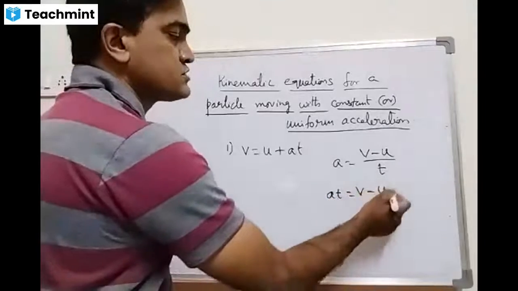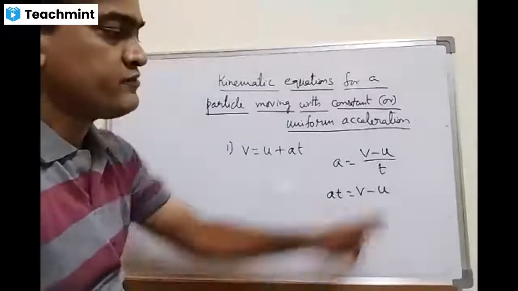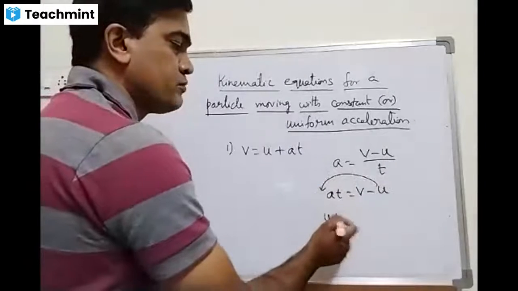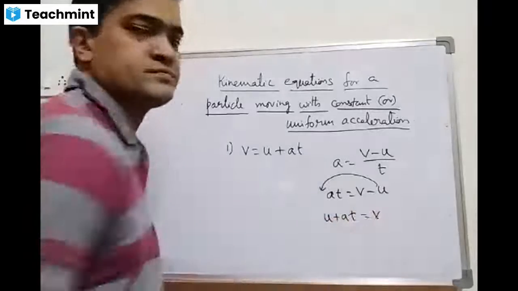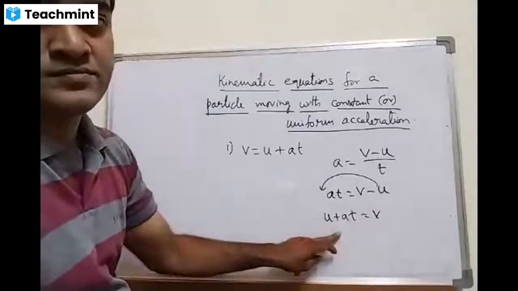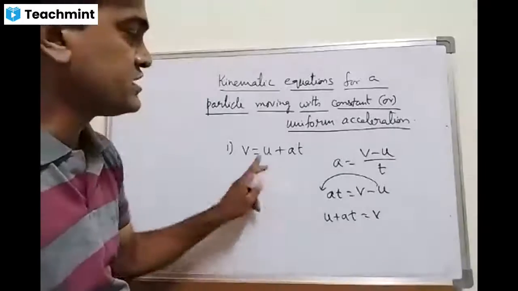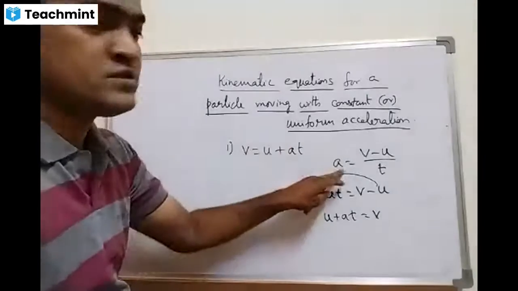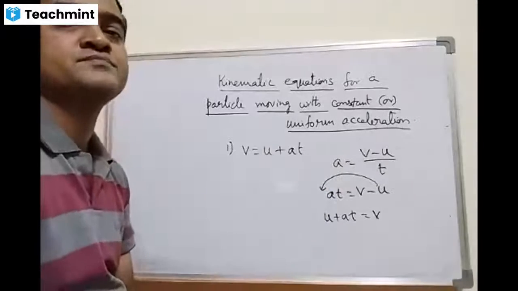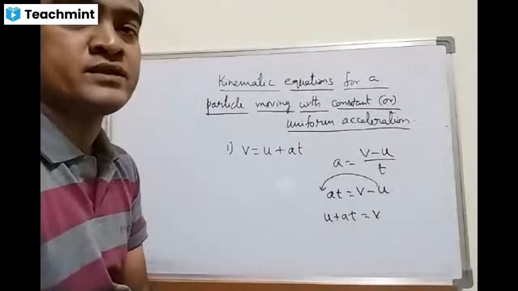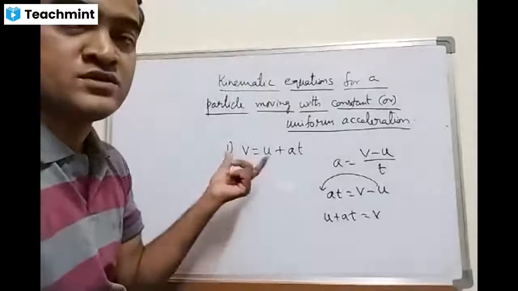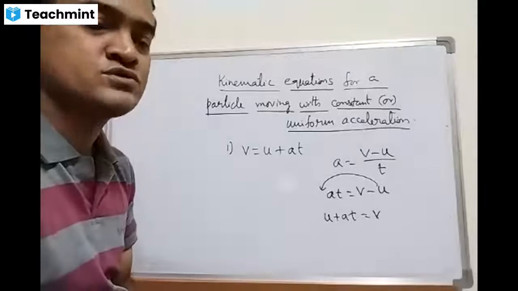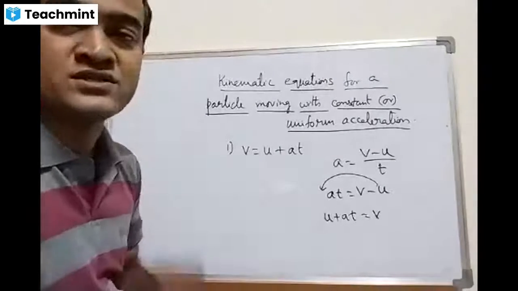AT is equal to V minus U. If you bring minus U to the left side, you will get U plus AT is equal to V. Both are the same, right? That means V is equal to U plus AT. You got this formula from the formula of acceleration only, A is equal to V minus U by T. This is the very basic formula, the first formula when a particle moves with uniform acceleration.